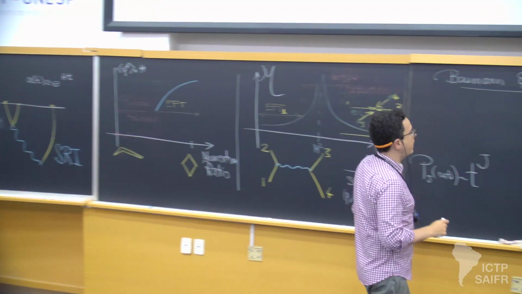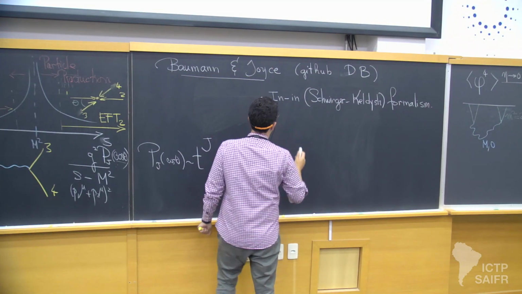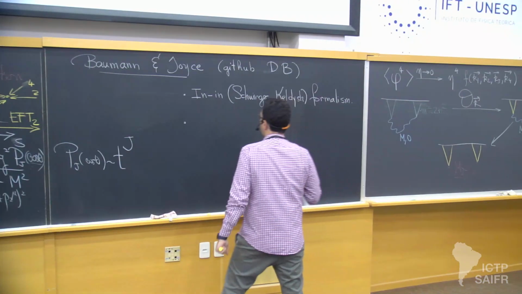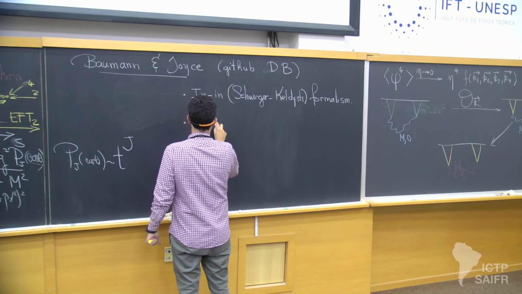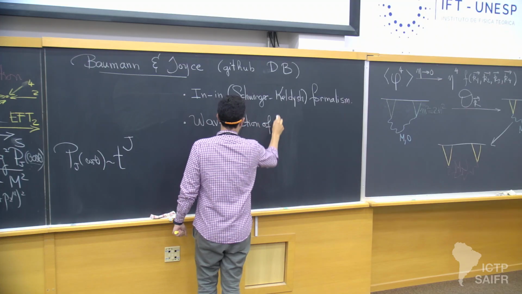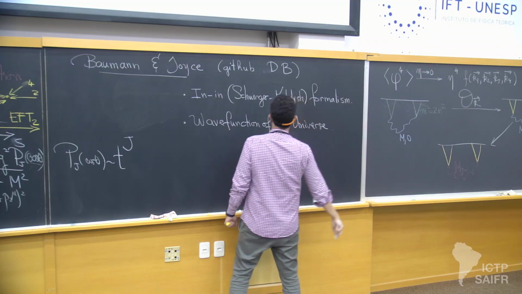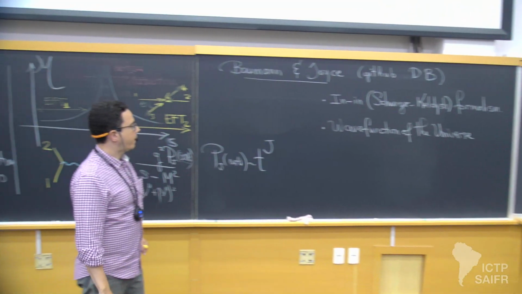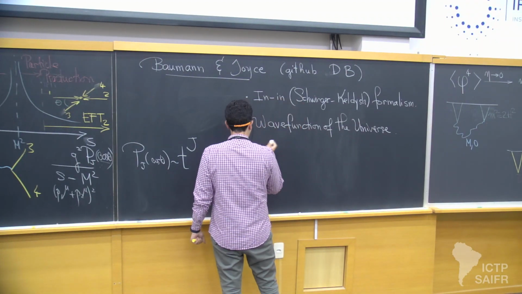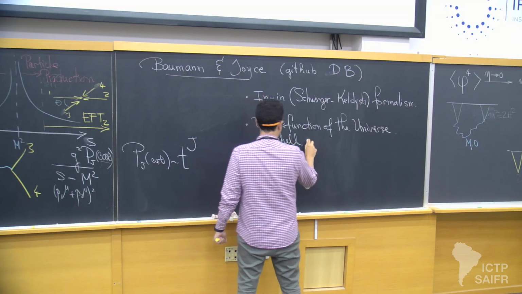Then there is something else that you can do, which is an auxiliary object that turns out to have lots of nice properties, and it resonates a lot with what we do in holography. That is called the wave function of the universe. Okay. So this is the object, and then the method to compute it is using on-shell actions.